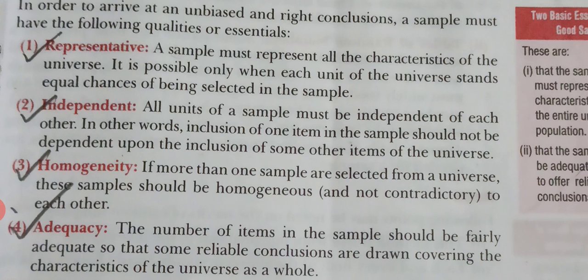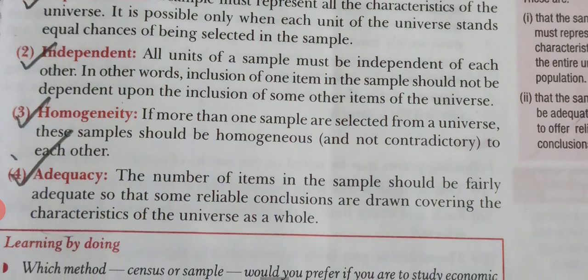If more than one sample is selected from the universe, then all the samples, like two samples, should be homogeneous or the same. Adequacy. The number of items in the sample should be adequate, meaning the sample should not be very small in size.